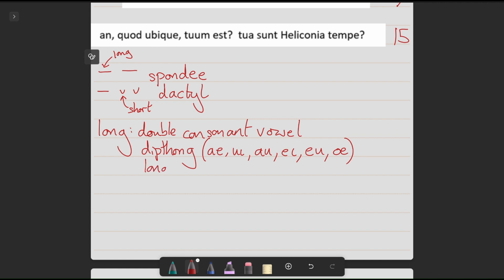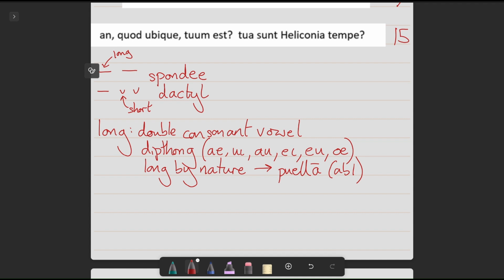Or you can have something that is long by nature. What does long by nature mean? Well, some Latin words, or forms of the words, will naturally, when you're just speaking it, be long. Like puella, if it's in the ablative. If it's in the nominative, it's puella. If it's in the ablative, it's puella.